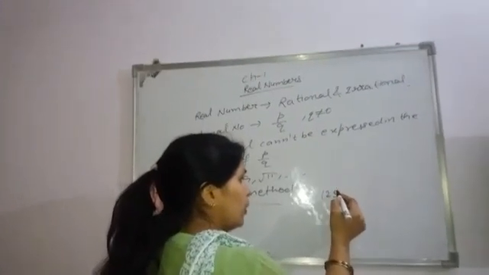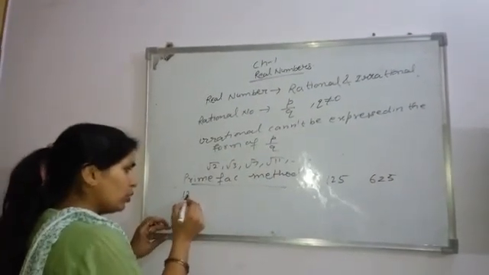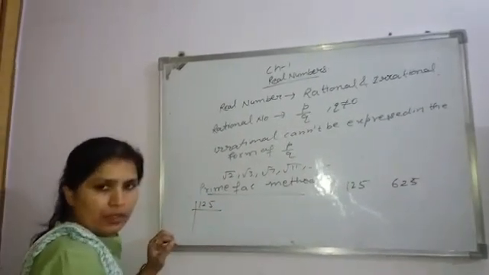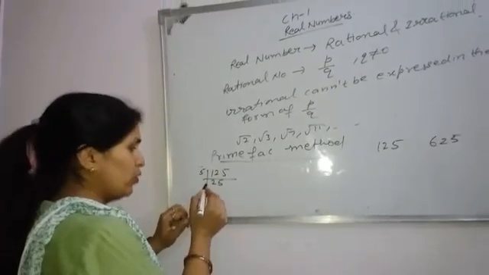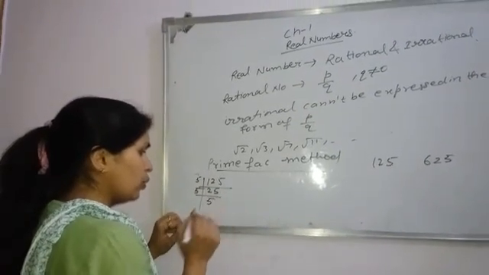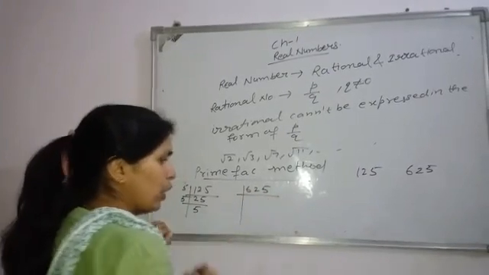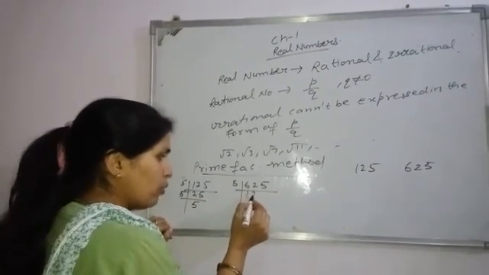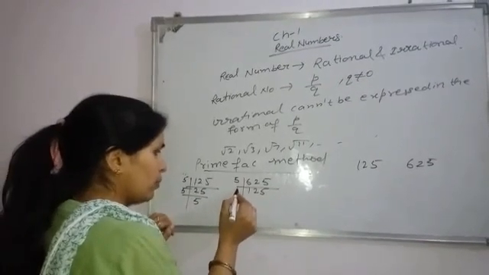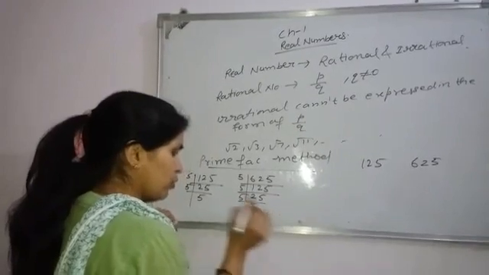First one is 125 and second is 625. To find out the prime factors of 125: 5 2s are 10, 5 5s are 25, 5 5s are 25. And next one is 625. Now if we express 625: 5 5s are 25, and then 5 5s are 25, 5 5s are 25.